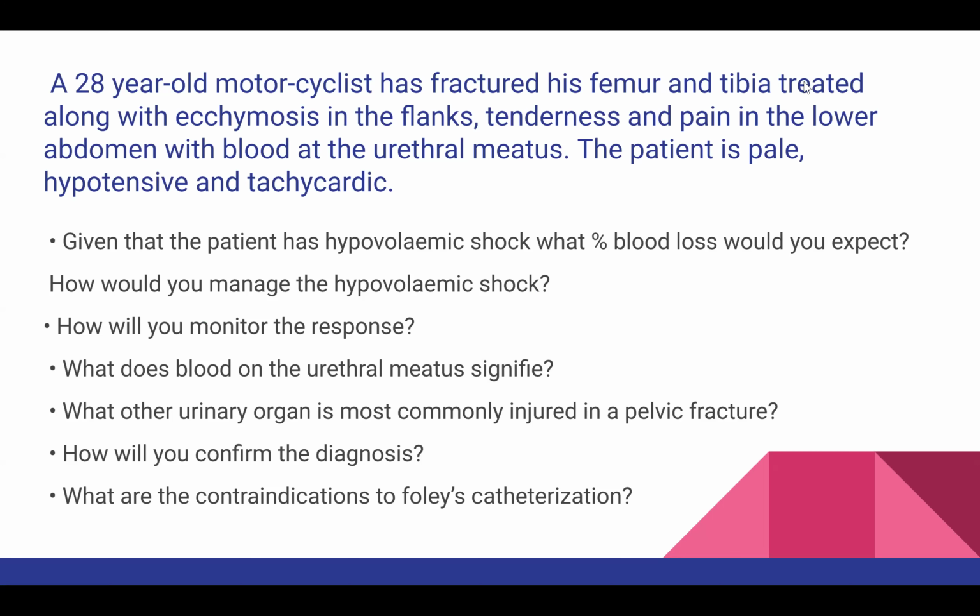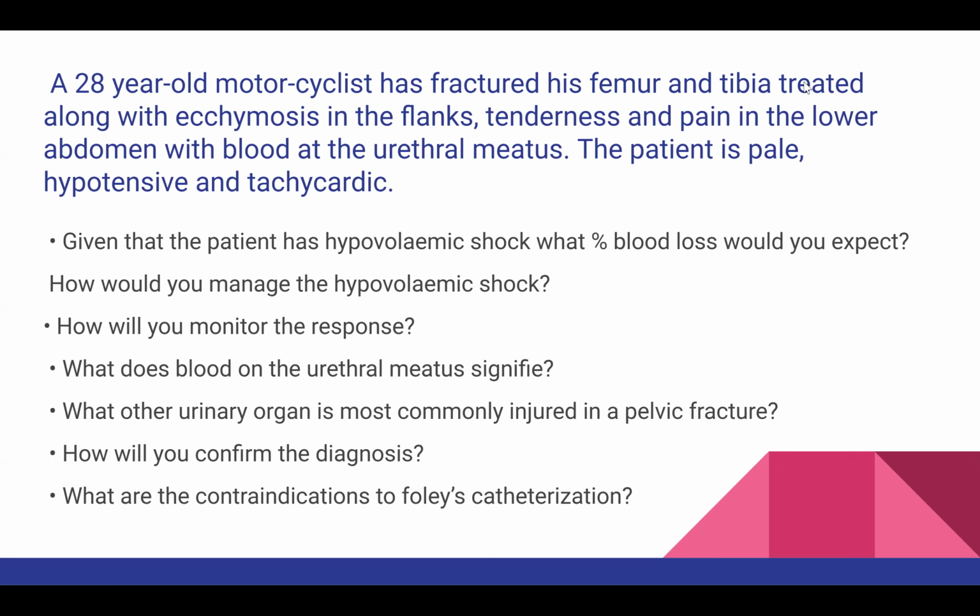Okay. So, what does blood at the urethral meatus signify? It signifies that there is a urethral injury, probably. Okay, so what other urinary organ is most commonly injured in pelvic fracture?